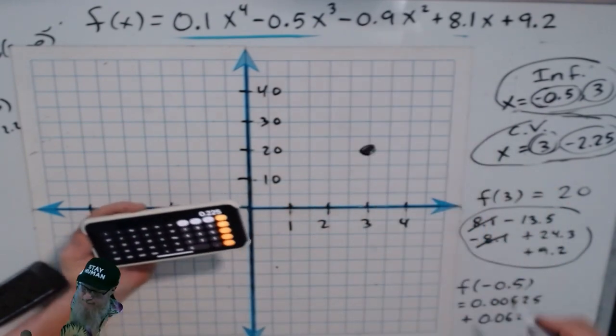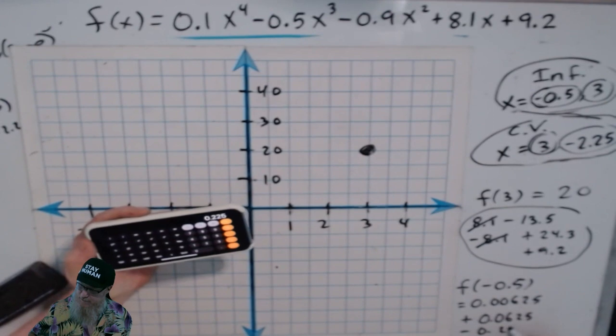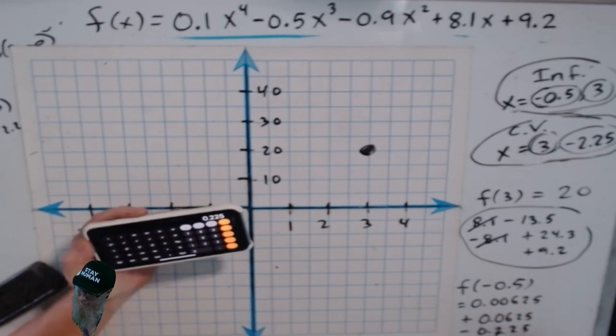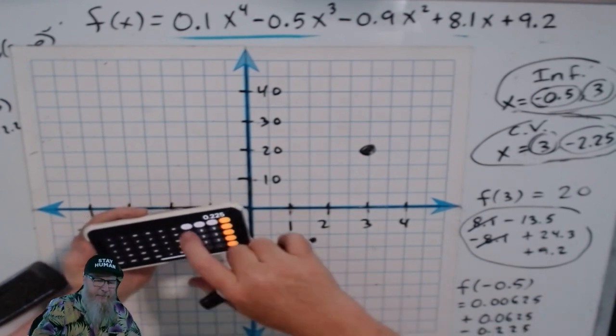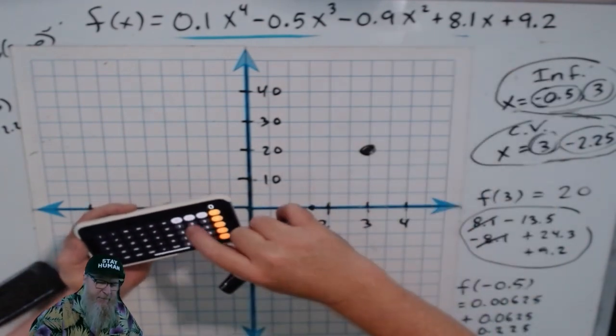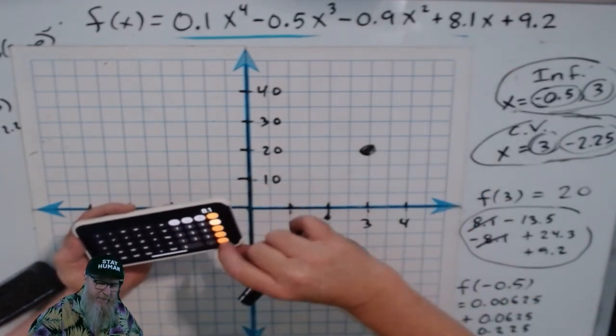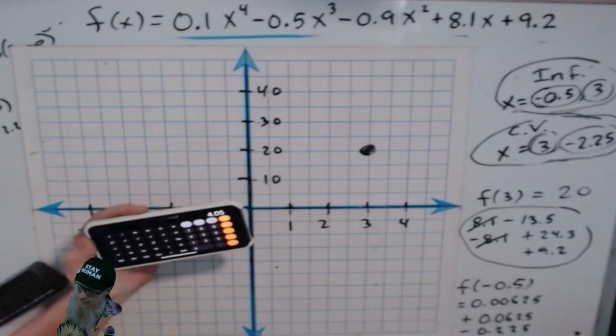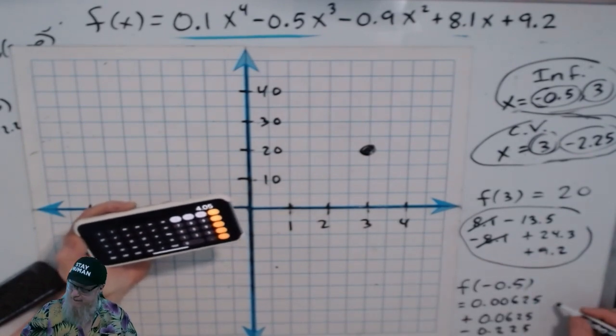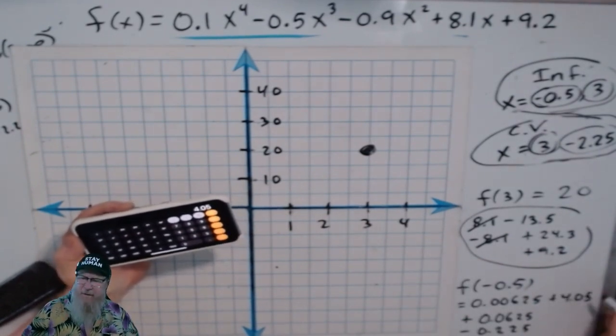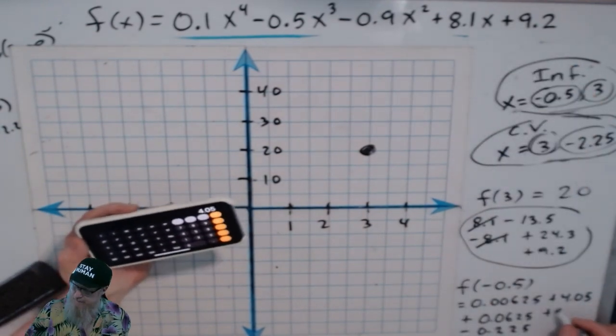And that's negative, so it's going to be negative 0.225. And then 8.1 times 0.5 is 4.05. And then plus 9.2.